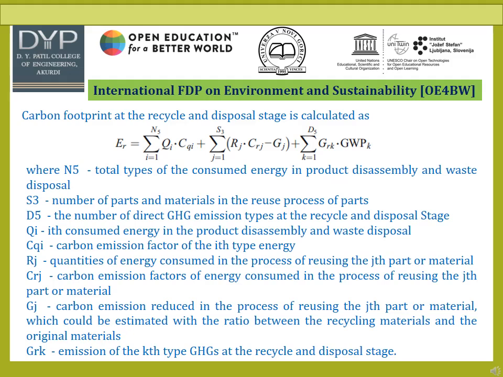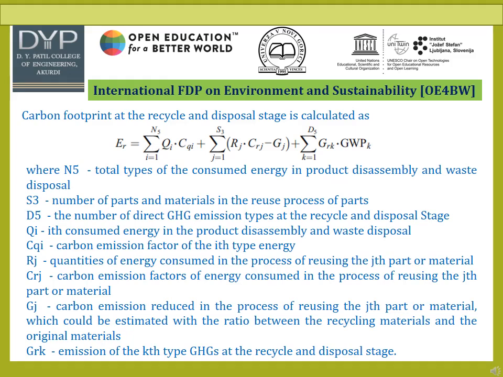CQi represents carbon emission factor of the ith type energy. Rj represents quantities of energy consumed in the process of reusing the jth part or material. CRj represents carbon emission factors of energy consumed in the process of reusing the jth part or material.